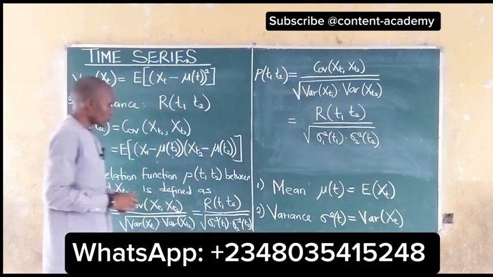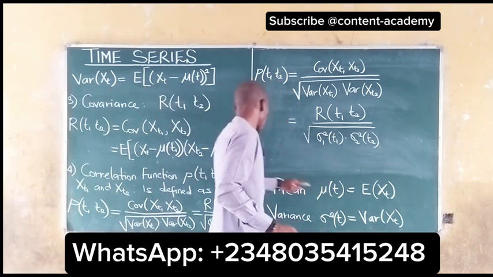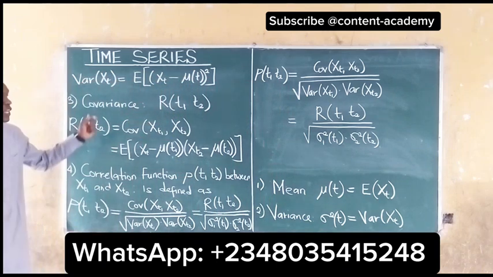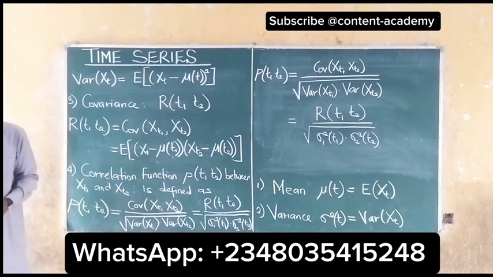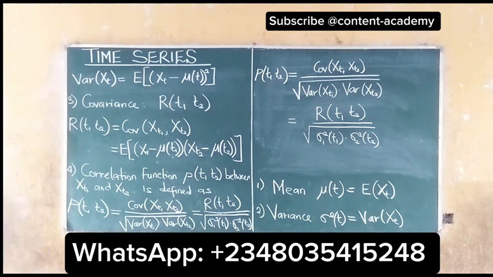So this is simply the first and second moments of the time series, and this is how we can describe the time series. The next thing we are to go into is stationarity, but we'll first discuss the autocovariance and the autocorrelation function.